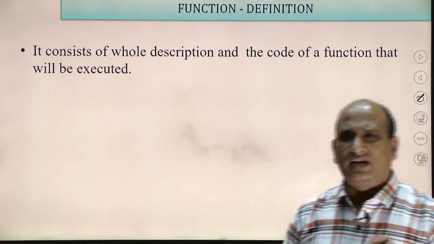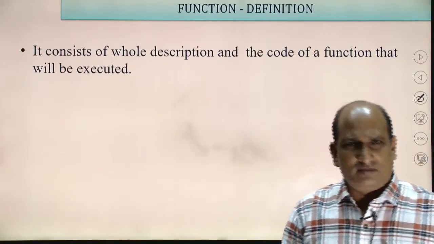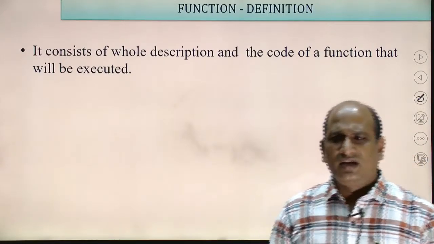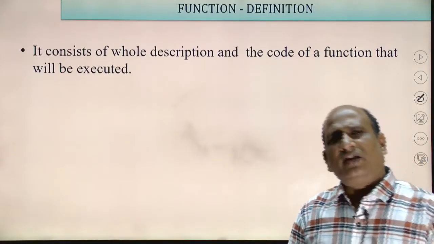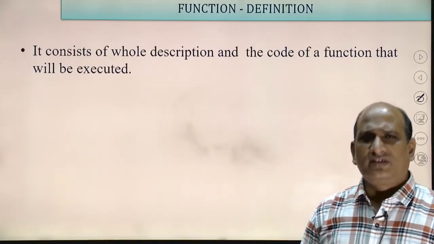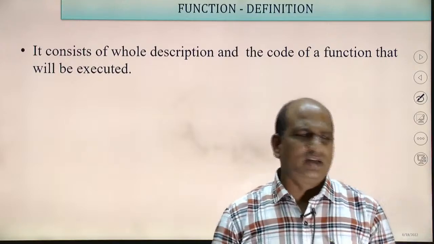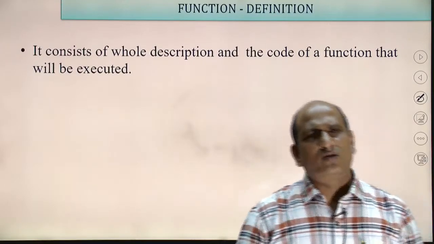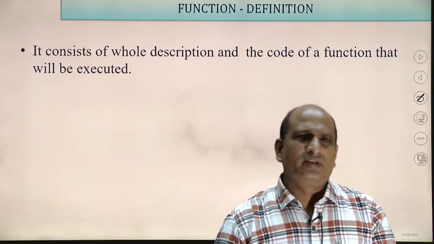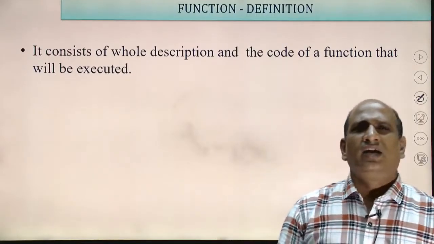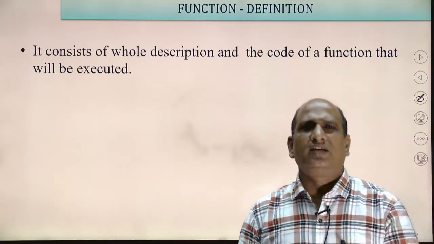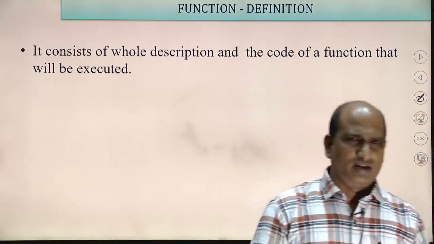The first one is the declaration of the function that we have just seen, and next we have to define the function. The function may be defined outside the main function. Whenever the definition of the function is kept above the main function, then we need not declare that function, because we have defined it above the main function, and main is already aware of that definition.